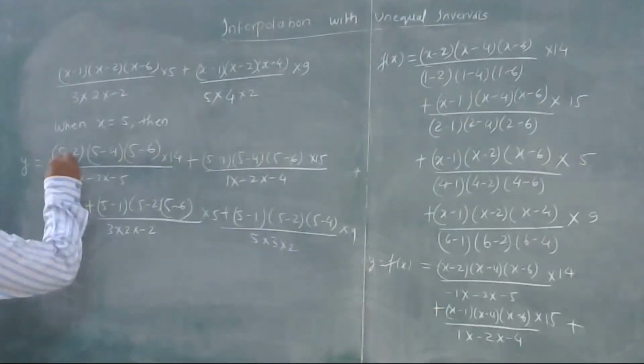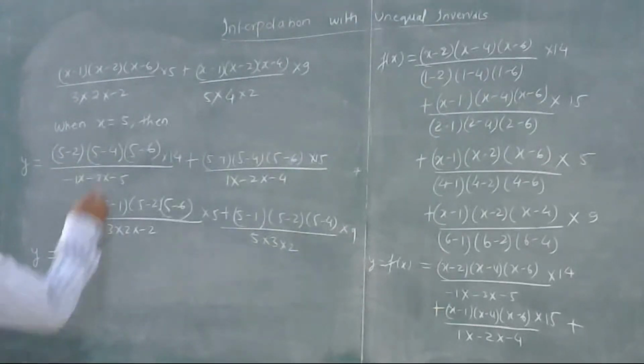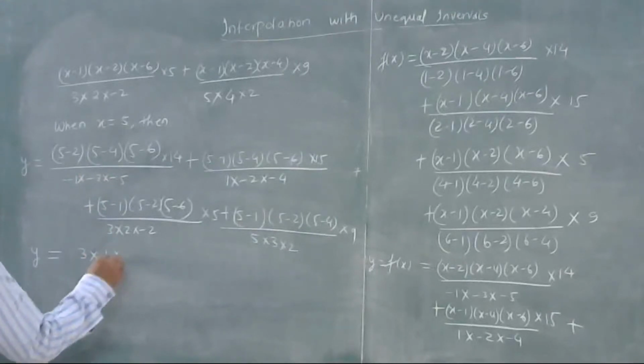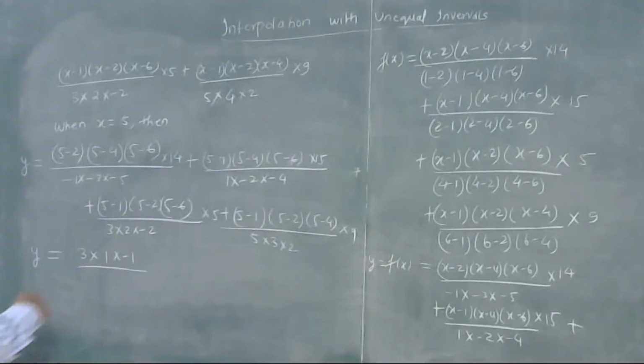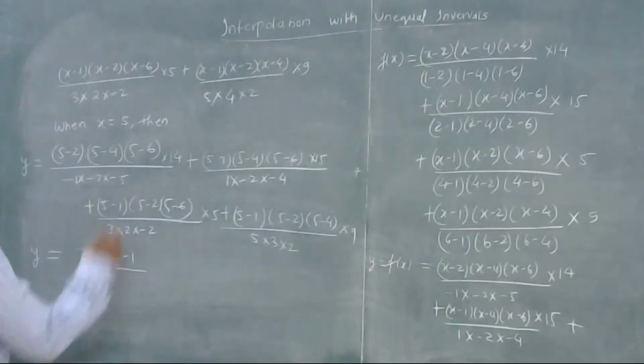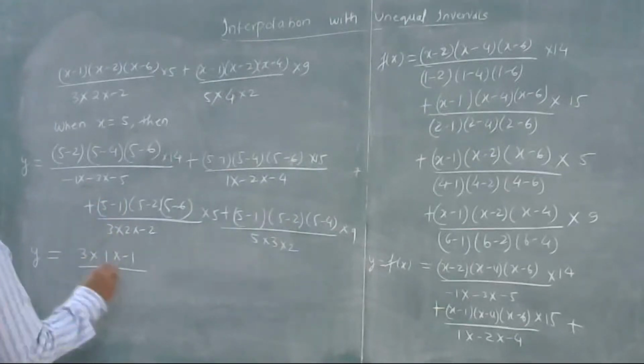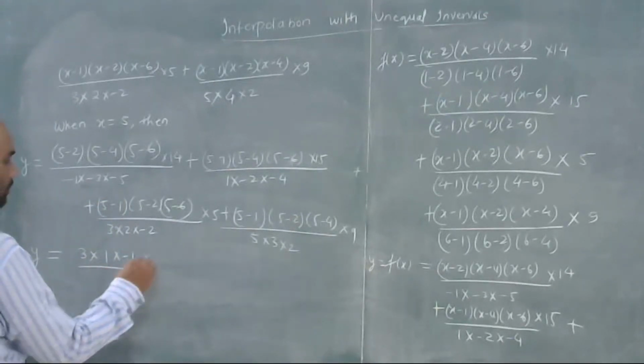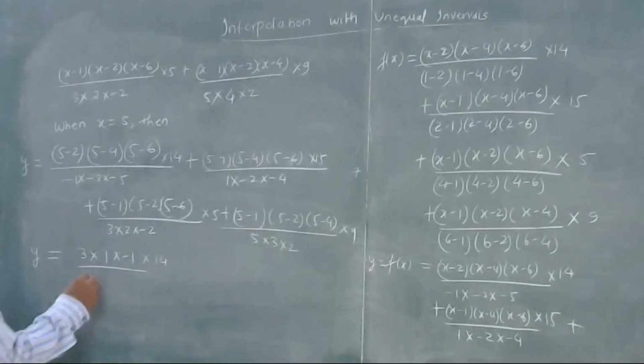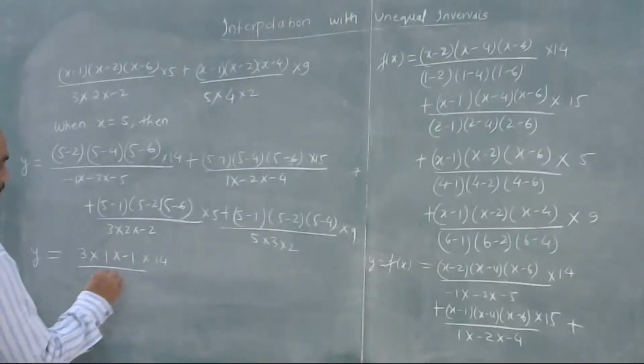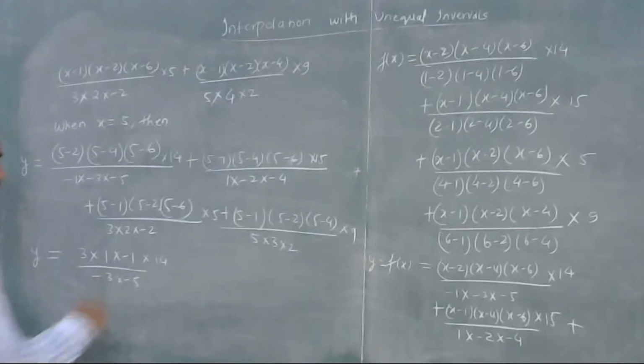This will be 3 into 1 into minus 1. This is 14 into minus 3 into minus 5.